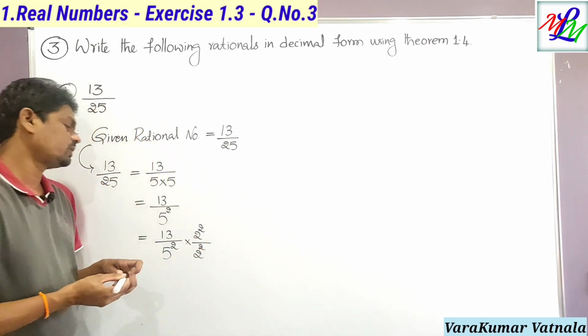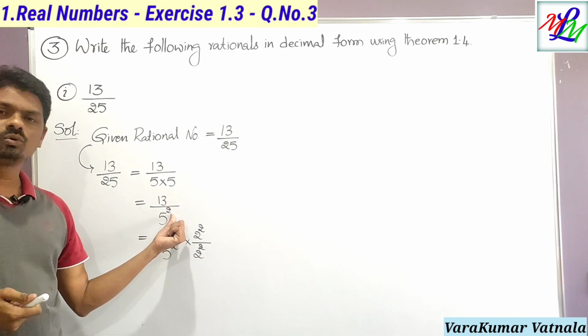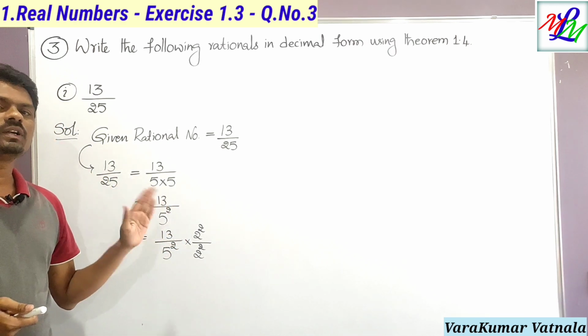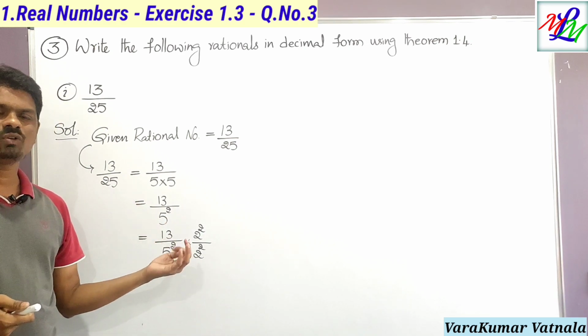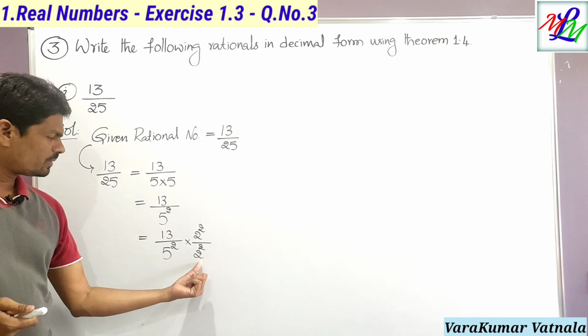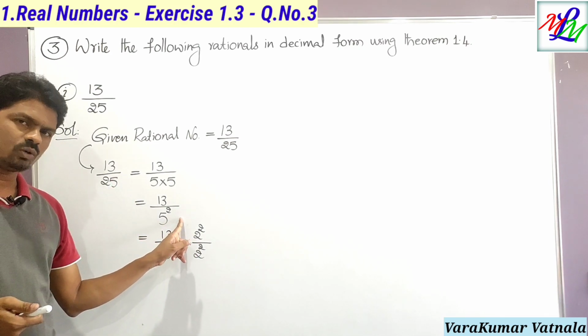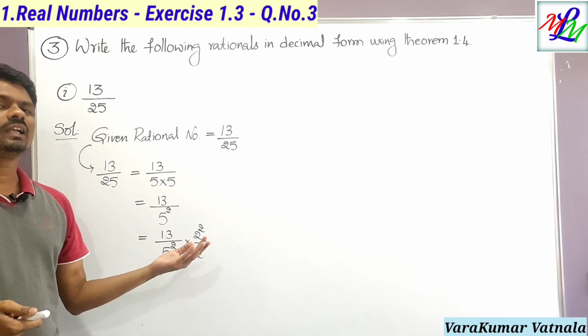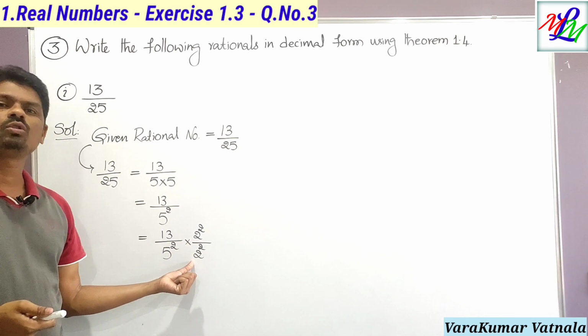You have to understand this. So here we get 13 times 2 to the power 2 divided by 10 to the power 2. If it is 5, to make it 10 we have to multiply by 2, and if we multiply we also have to divide by 2. To make the denominator a multiple of 10, we multiply and divide by 2 to the power 2.